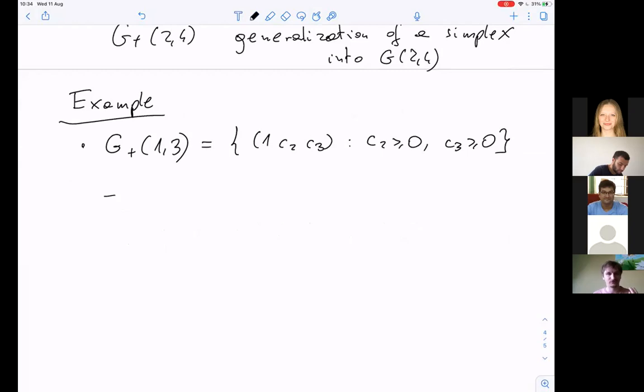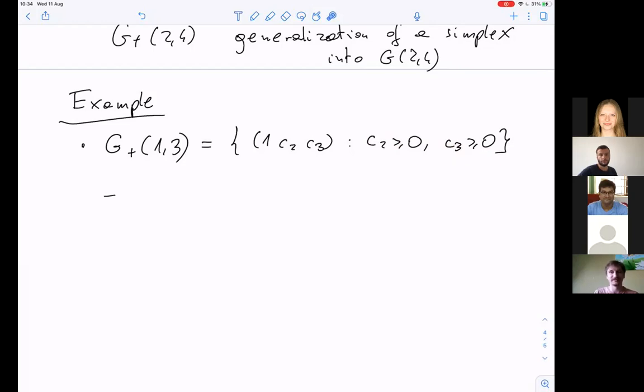In this case, there are two obvious boundaries. If I take C2 equal to 0 or C3 equal to 0, then I go to the boundary of this object, because for C2 positive, I'm inside, and these are points inside of G+(1,3).